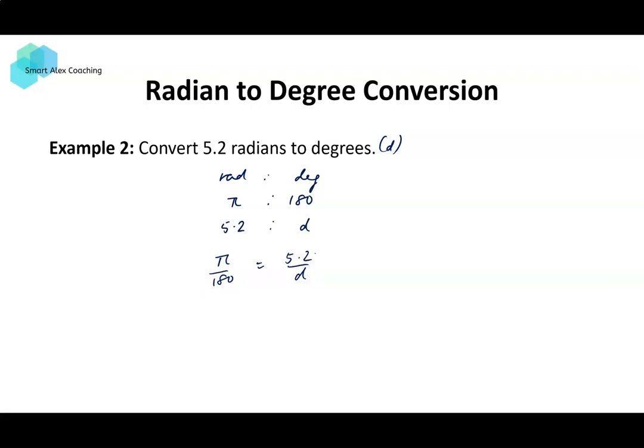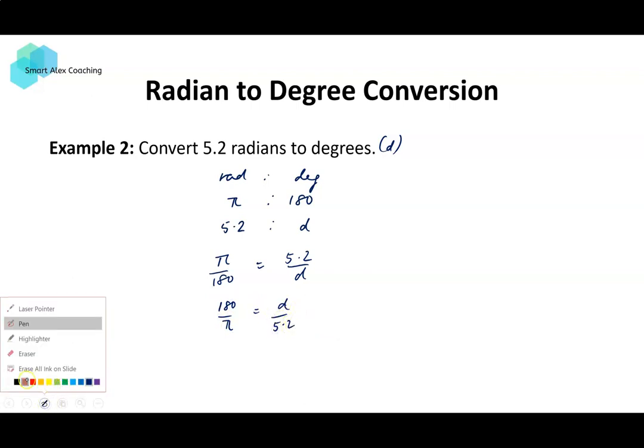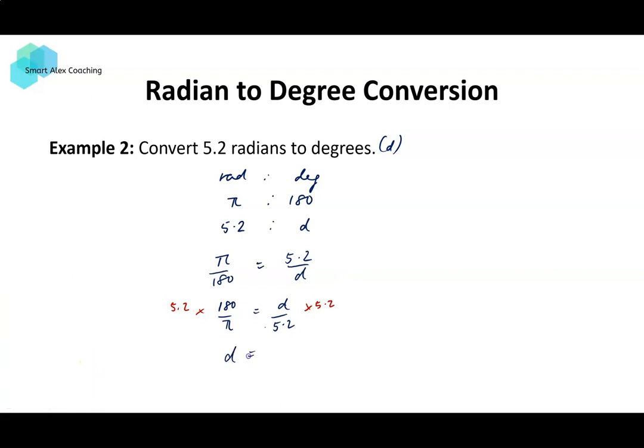I'm now going to take the reciprocal of both sides. So I'm going to have 180 over pi is equal to d over 5.2. What I'm going to do now is multiply both sides by 5.2. And this means that d is going to be 180 over pi times 5.2, which is approximately 298 degrees to the nearest degree.